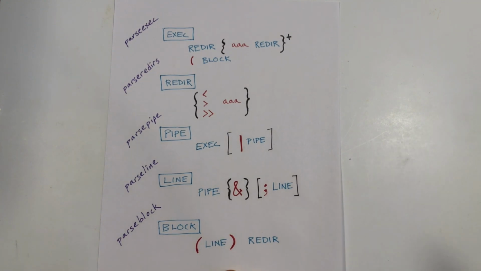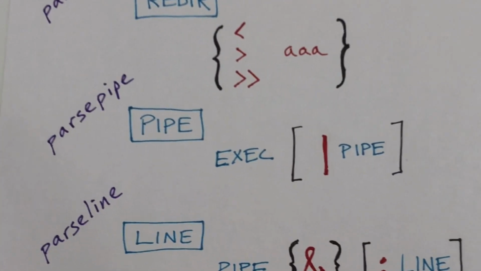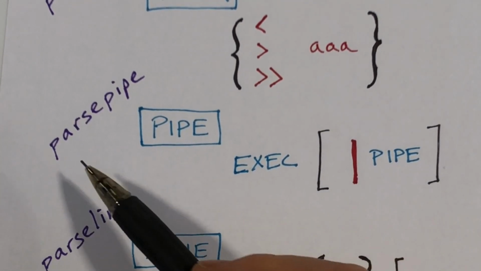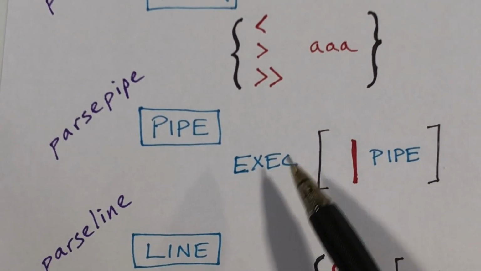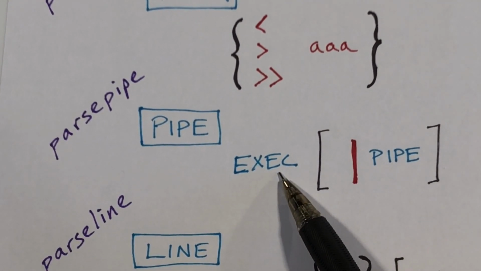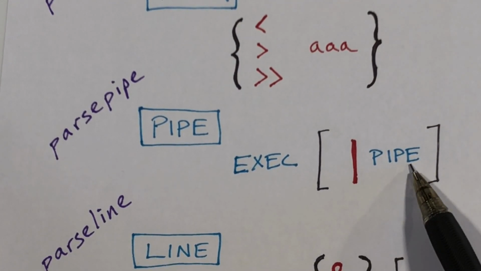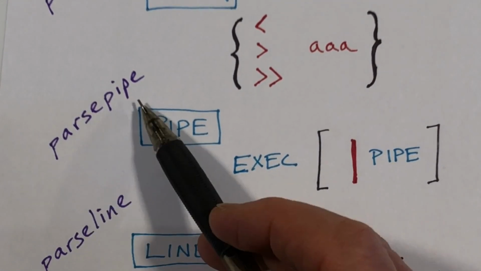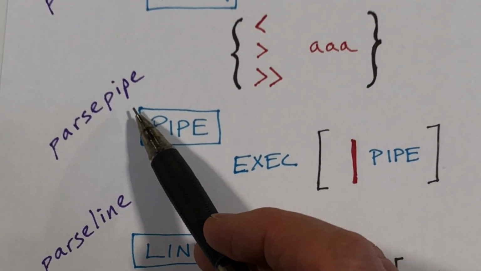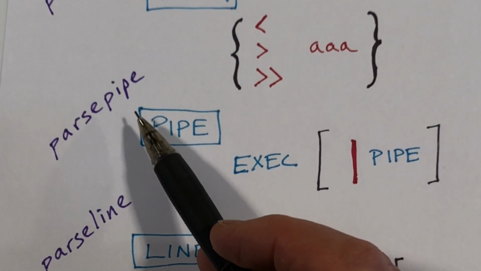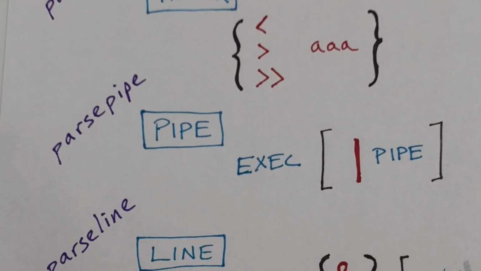Okay, now let's focus on the pipe rule, and we'll look at the code for parse pipe. We call parse exec, and then we check to see whether there's a vertical bar, and then we call ourselves recursively. The goal of each one of these functions is to build a tree representing what has been parsed. So when we look at the code for parse pipe, we'll see how this is done.